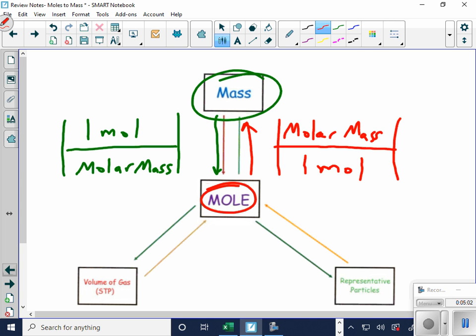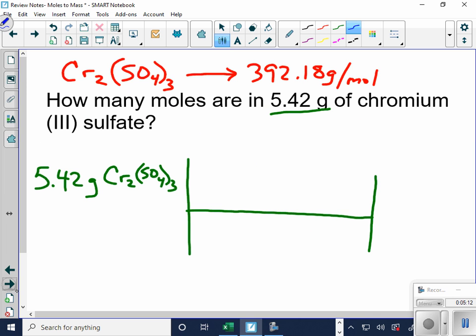So in this particular problem, I've been given a mass. I want to go to moles, so I'm going to use that one right there. On the top of my conversion box, I'm going to have 1 mole of chromium-3 sulfate.